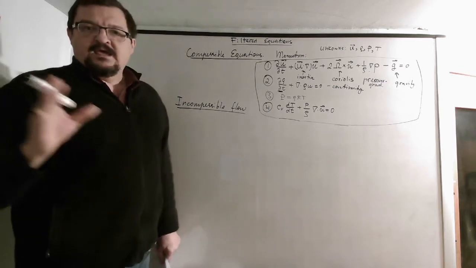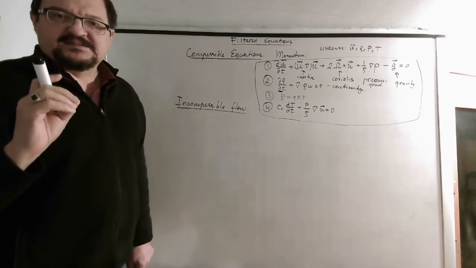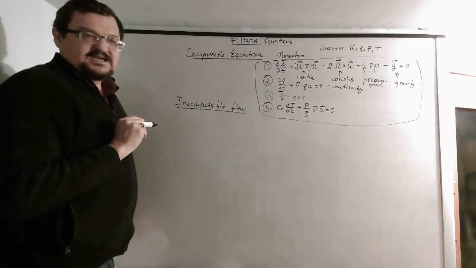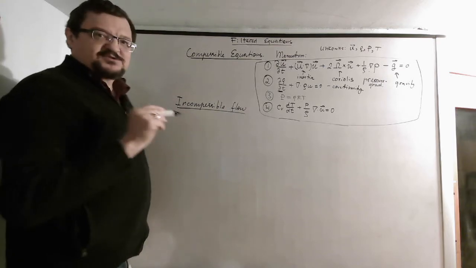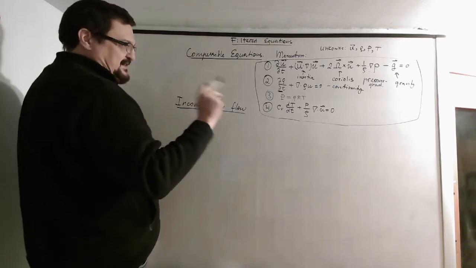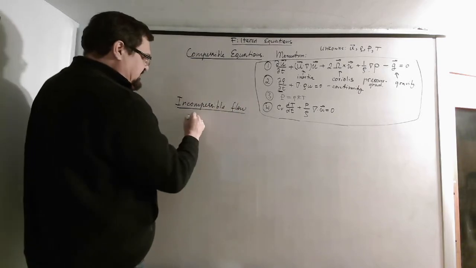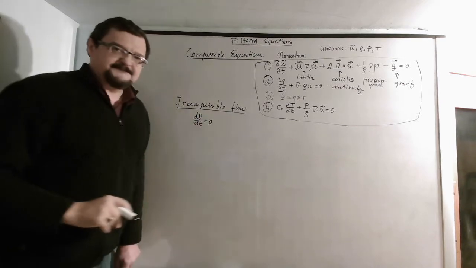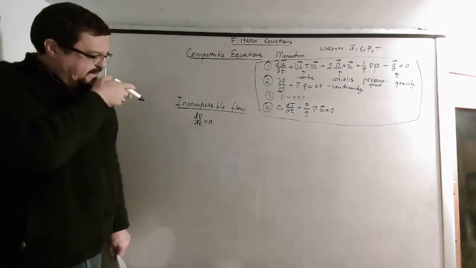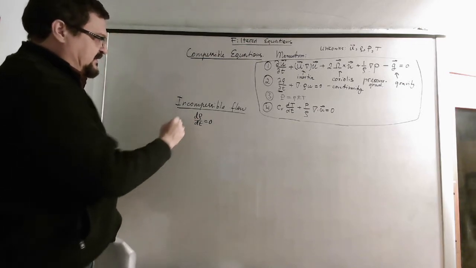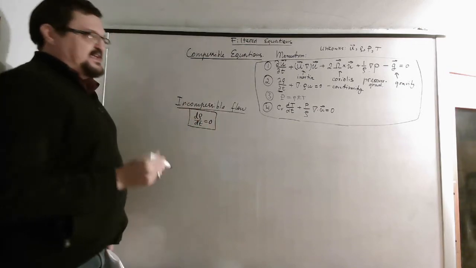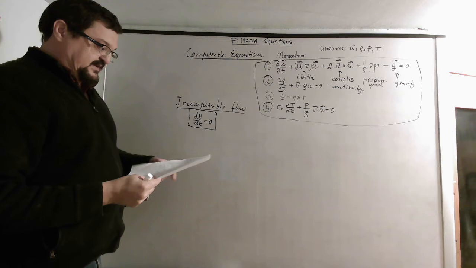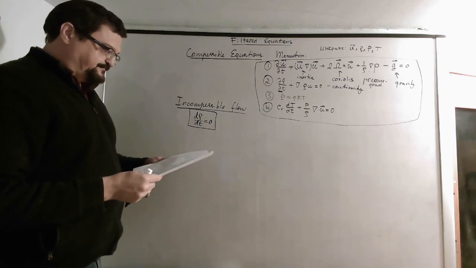But incompressible does not mean that partial rho partial t equals 0. That means anelastic, but I'm preempting. Incompressible means that the full derivative of density equals 0, so d rho dt equals 0. This is the main thing that manifests itself as incompressibility.